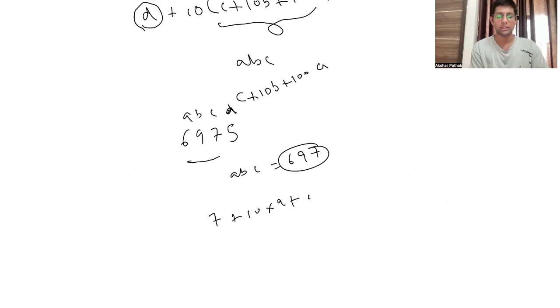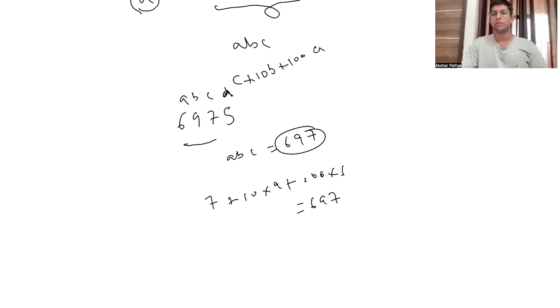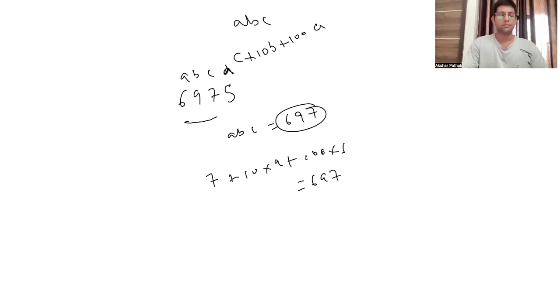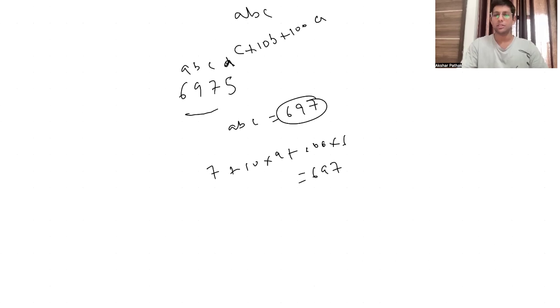It's 697. So now we are considering 7 as our first digit, 9 as our tens place, and 6 as our hundreds place. Because you just multiplied it by 10, you reduced the digit factor by 10. I'm just telling you because it will be important for you in future. In future, I just mean in this video only.